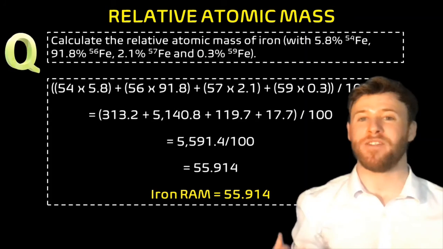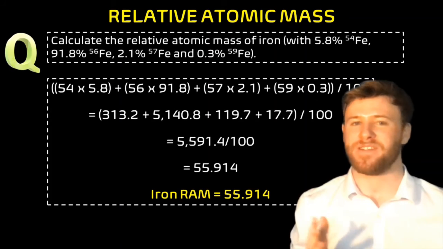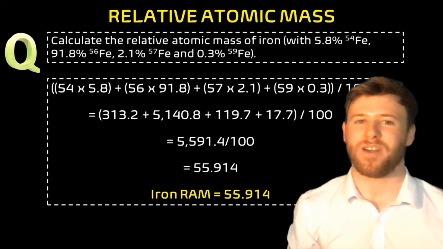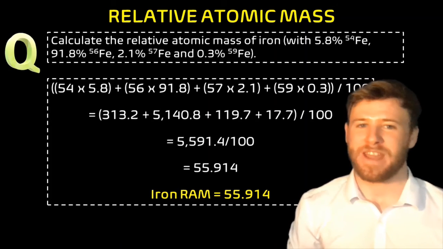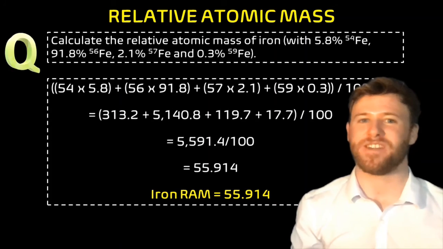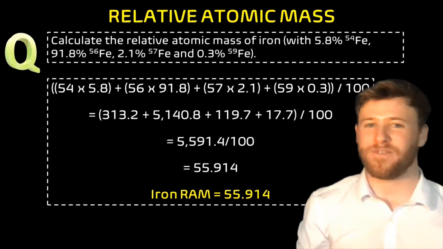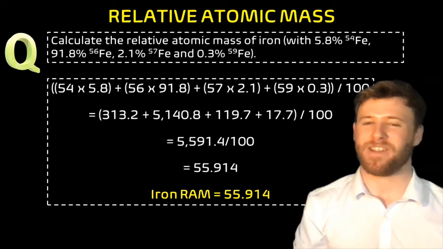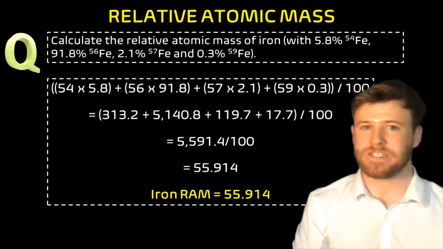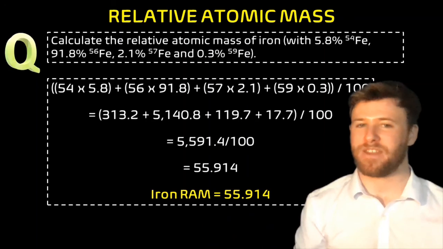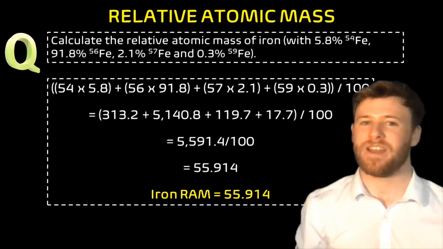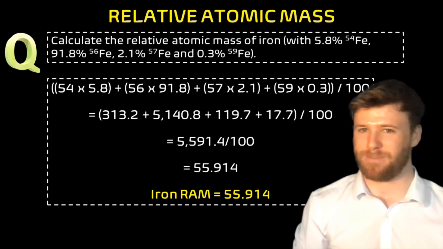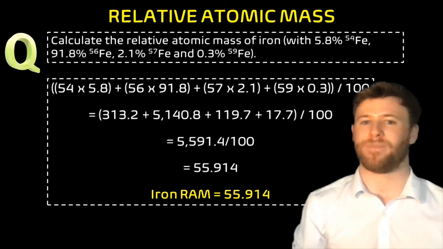The abundance was 5.8%, so we paired those two together, times them, put them in the bracket and added it to the 56 times by the 91.8 and the 57 times by the 2.1 and the 59 times by the 0.3. We put that all over 100 because our percentages added up to 100, and then we threw that into a calculator and it's given us once again the 55.914 relative atomic mass for iron there.